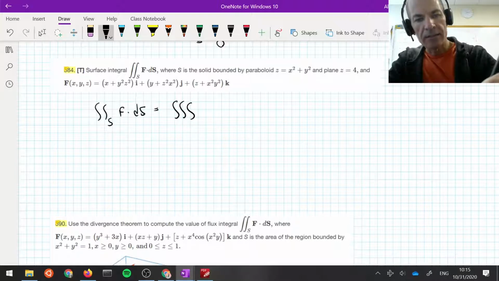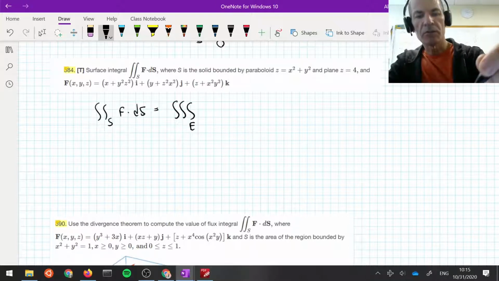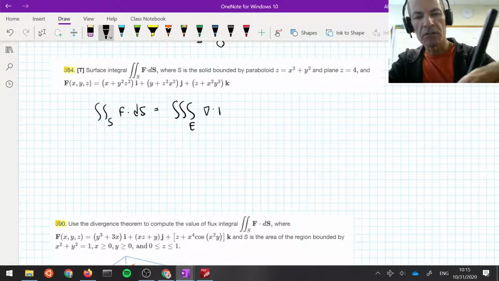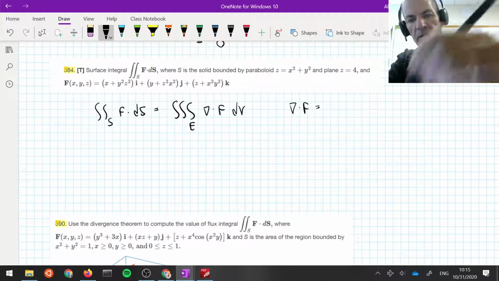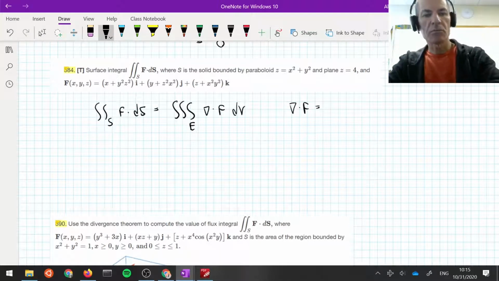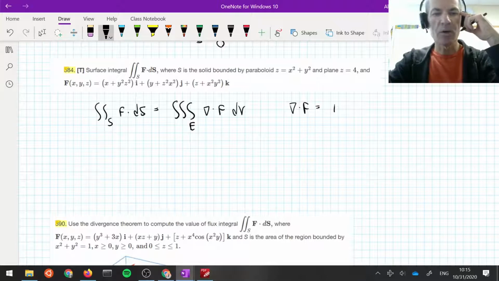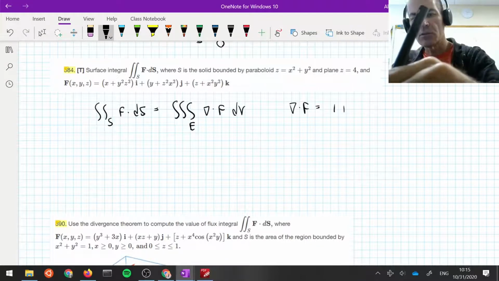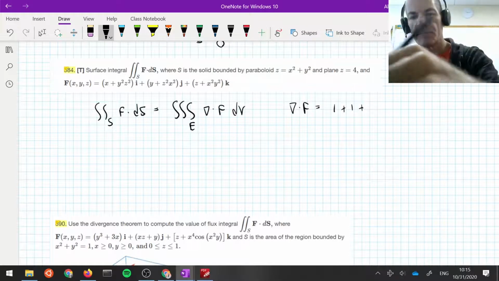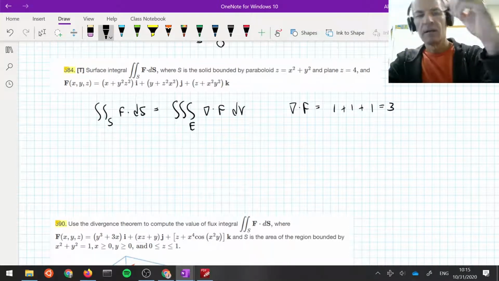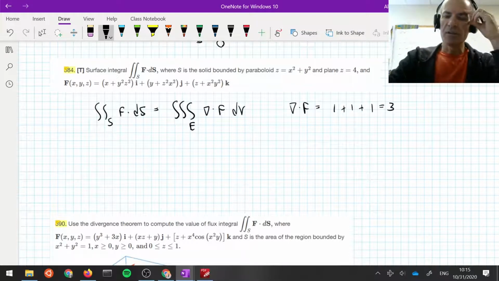And note that this is equal to the integral over the enclosed volume of the divergence of f dV. Let's compute the divergence of f. Partial of the first component with respect to x is pleasantly just 1. Second component with respect to y is also 1. Third component with respect to z is 1. Definitely would not want to do this surface integral.